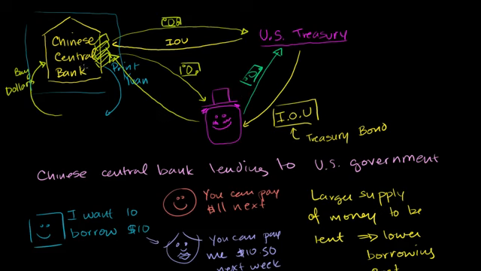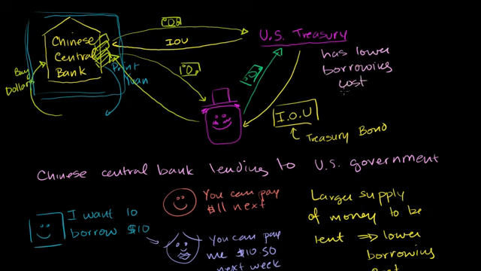So the net effect of having this major buyer of US treasuries, accumulating all of these dollars, taking them out of the foreign exchange markets, and then using them to buy treasuries, is that it lowers the interest rate for treasuries. So the net effect is US Treasury has lower borrowing costs.